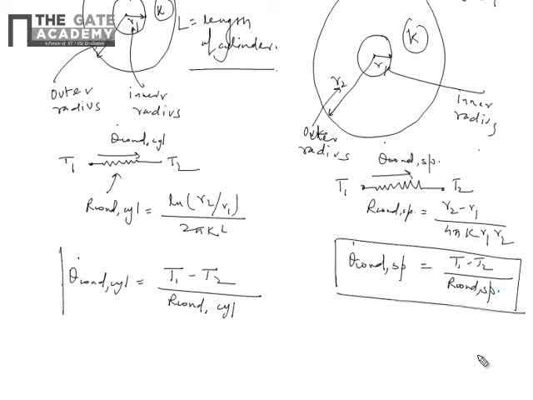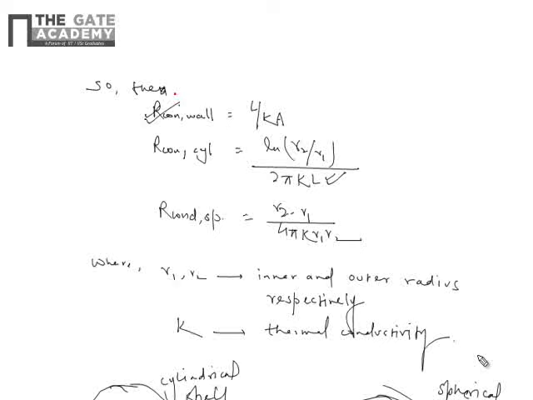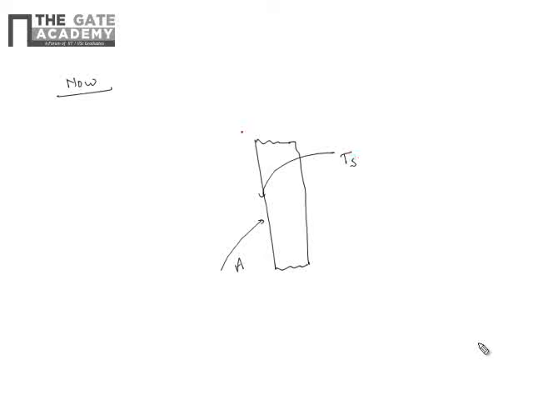This is important. This one is also important. So remember this. And the other one is the wall. Now consider a plane wall, for any body, the surface area is A and surface temperature is Ts, and a fluid whose free stream temperature is T infinity.